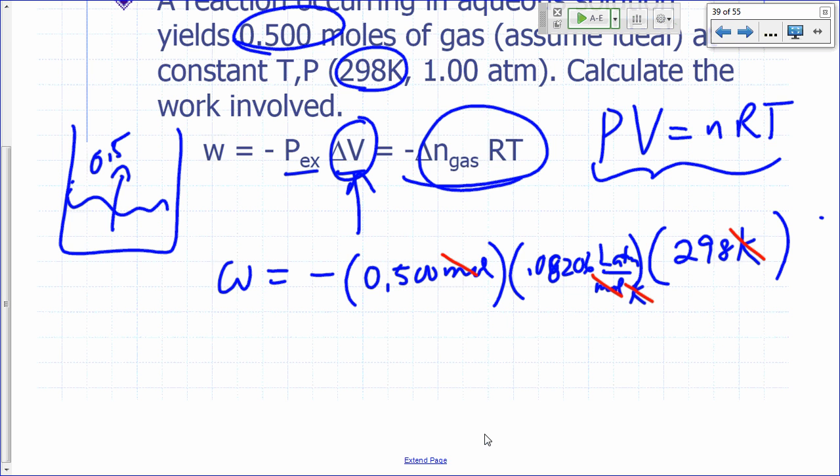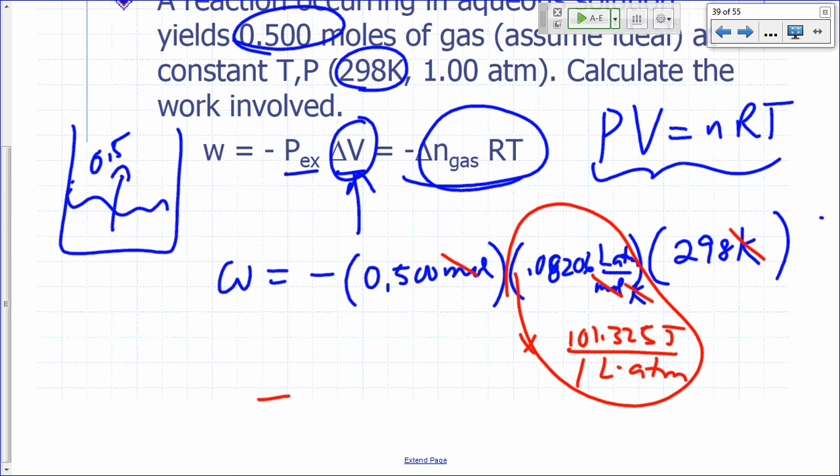But if you want your answer in joules, what would you have to do? 1 liter atmosphere is 101.325 joules, right? So you multiply this by 101.325 joules for 1 liter atmosphere. Okay? So you can change your R in joules.